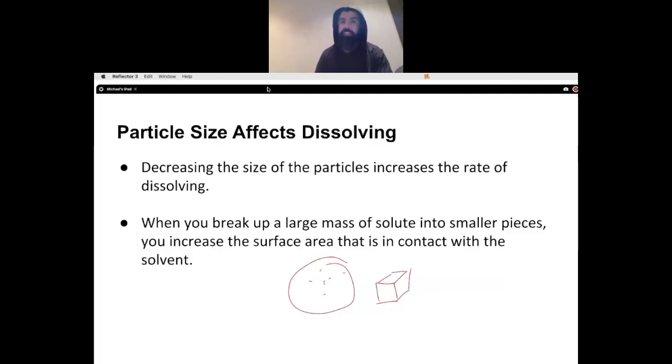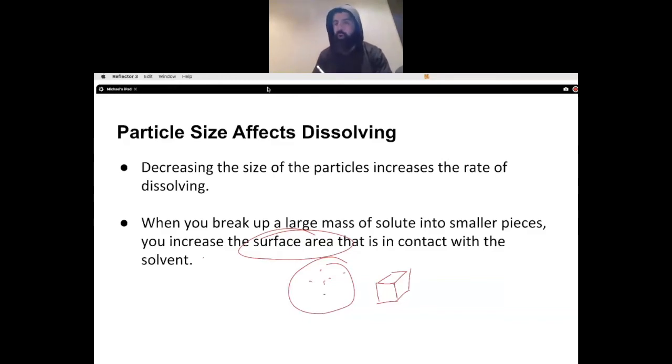Why? Because the smaller the pieces, the greater the surface area that is coming into contact with the liquid. Imagine these little granules, and how all those granules have the ability to get exposed to the liquid solvent, that is, the cup of coffee.